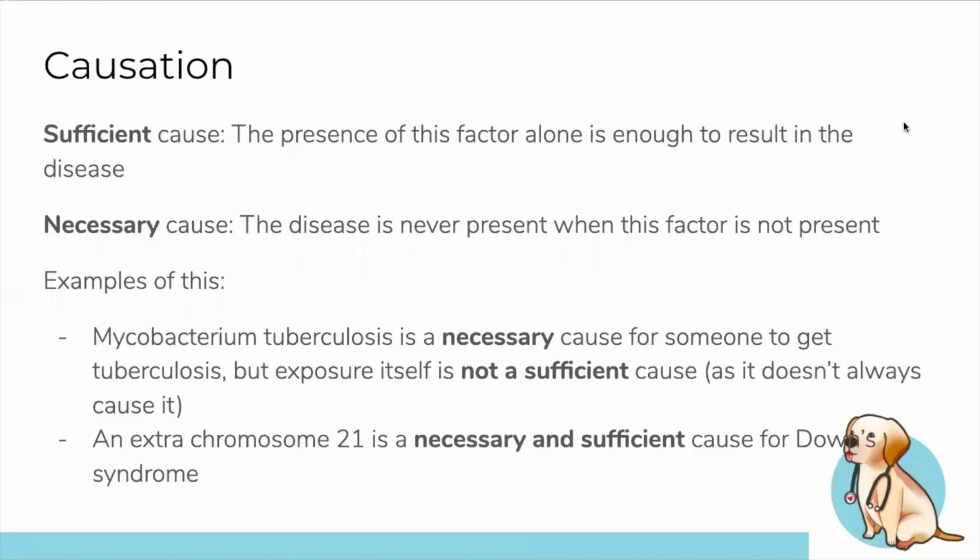So the TB bacteria is a necessary cause for TB, but you can be exposed to the bacteria and not end up with TB if you don't inhale the bacteria particles, or if you're just resistant to it. That means it's not a sufficient cause, because being exposed doesn't guarantee that you will get it. Whereas with chromosome 21, you would both need it, and having it by itself is sufficient to cause Down syndrome.